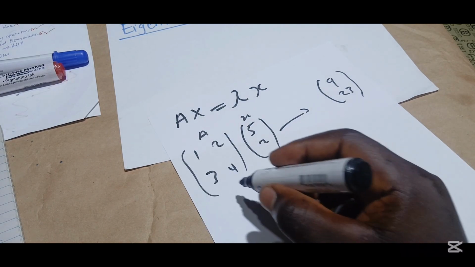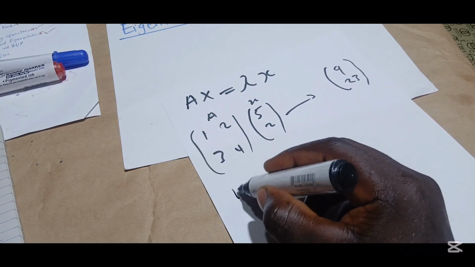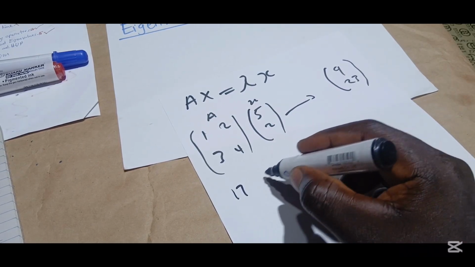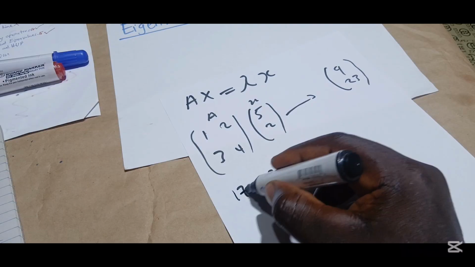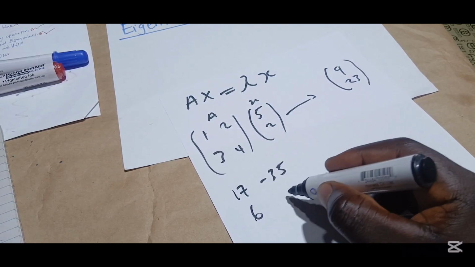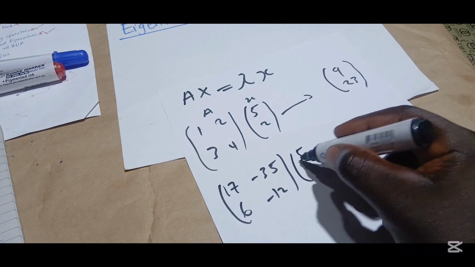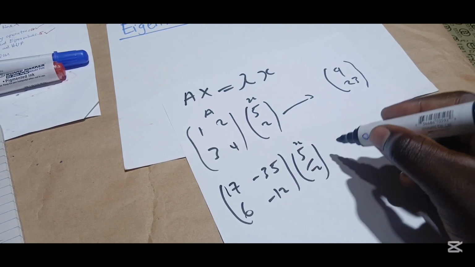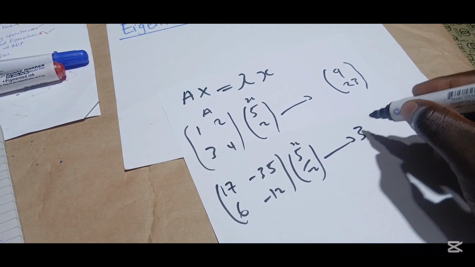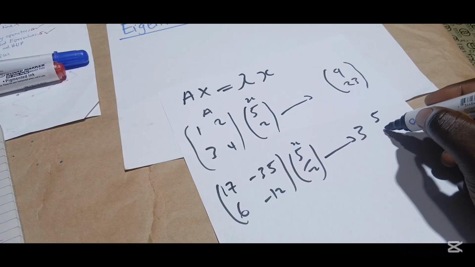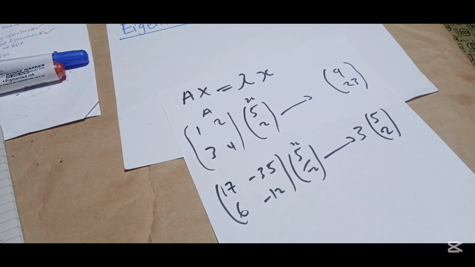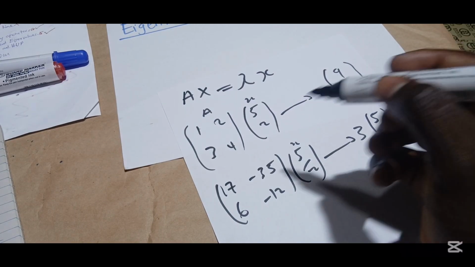This is one scenario. But in another scenario, multiplying a matrix by the vector 5, 2, we get 3 times 5, 2. So what do we see here?